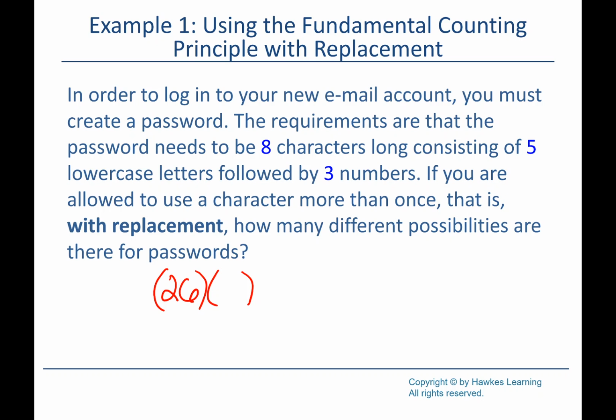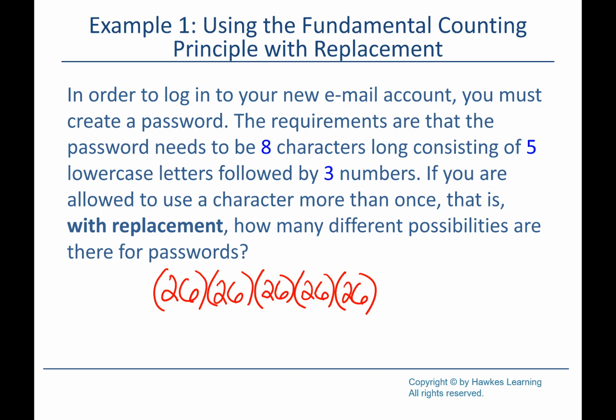We have with replacement. So we need a letter again. How many letters do we have to pick from? 26. And that's going to be the same for each one of the letters because we're not excluding a character after we use it. So our first 5 characters are all going to be 26 possibilities, 26 letters to choose from.